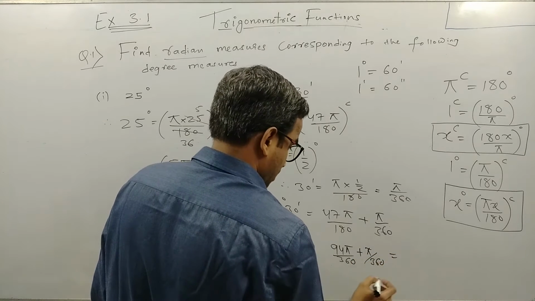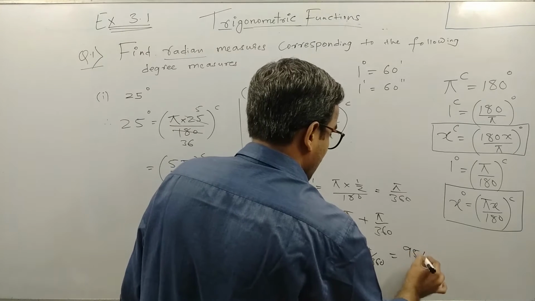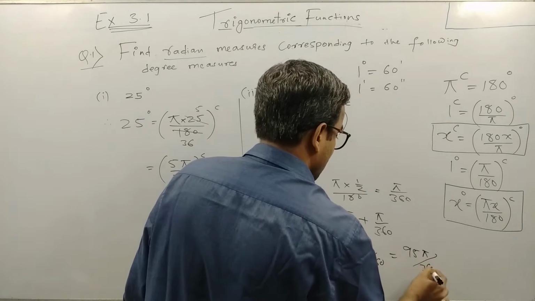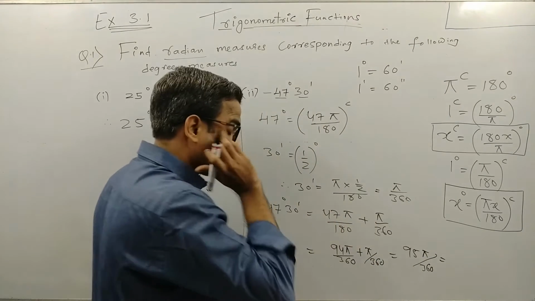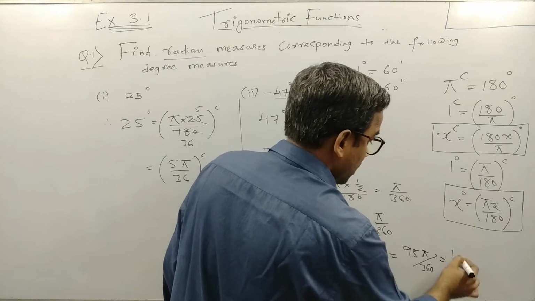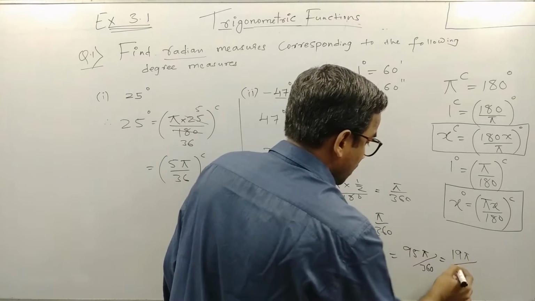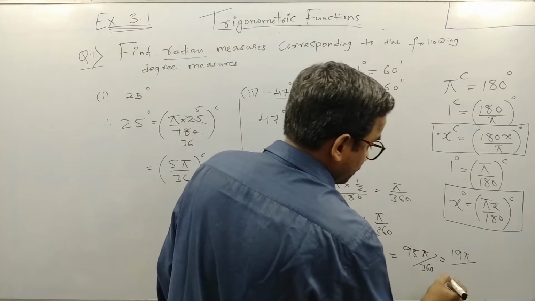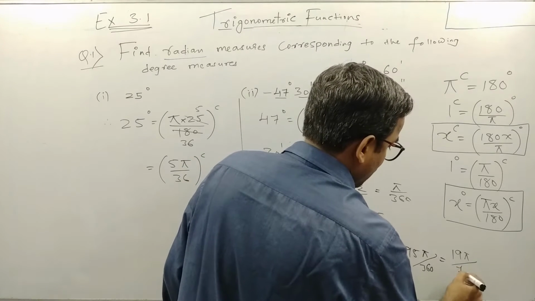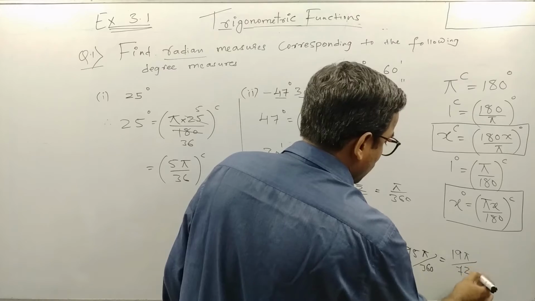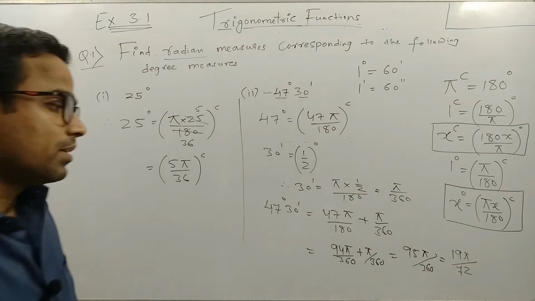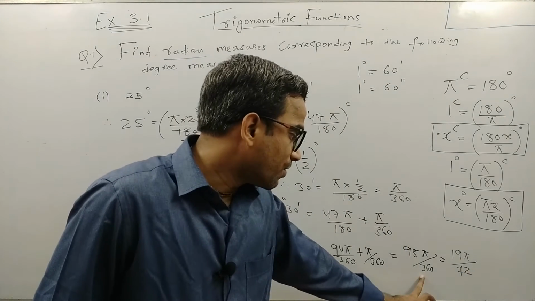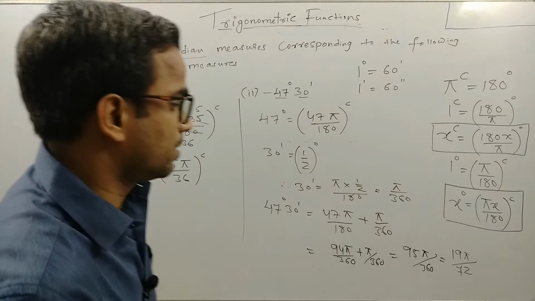This gives us 95 pi by 360. If we divide by 5, this is 19 pi by 72.